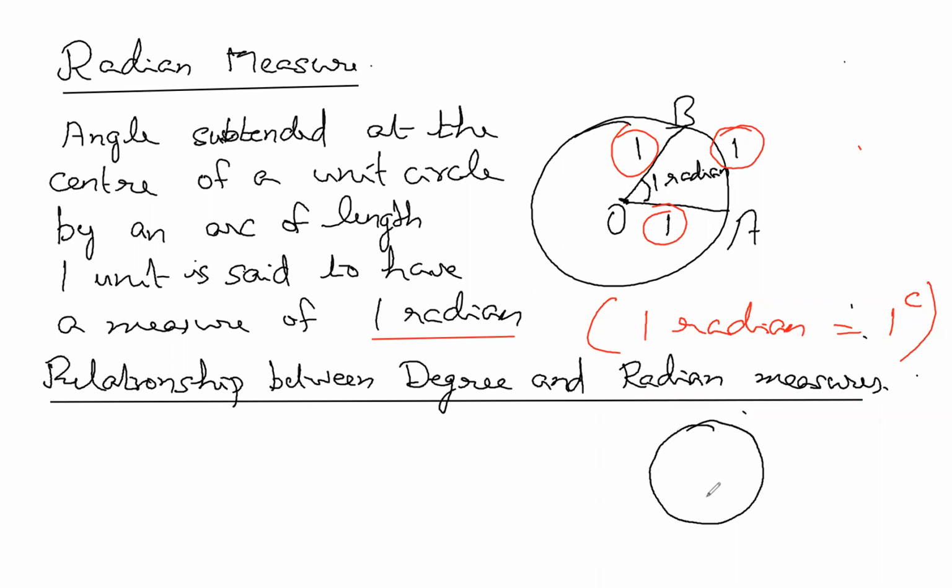So if we go one complete rotation in a unit circle, what will be the total arc length? Total arc length means the length around the boundary. We consider only a unit circle. So what is this length around the boundary? Can anyone say?